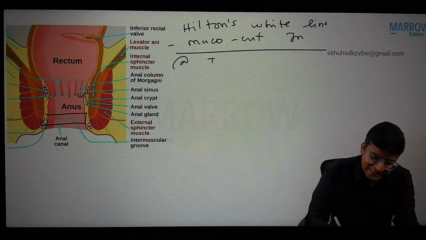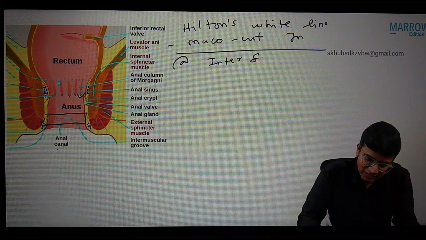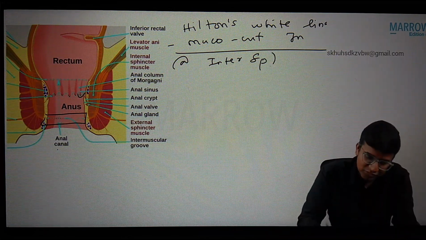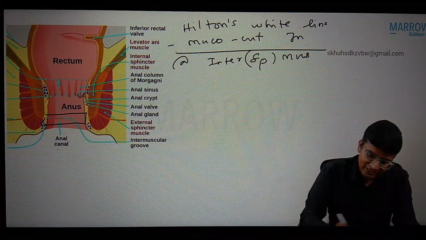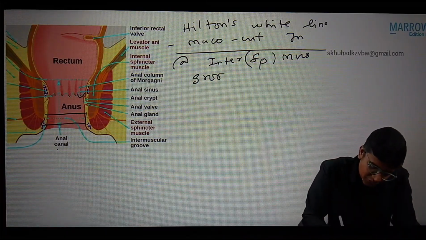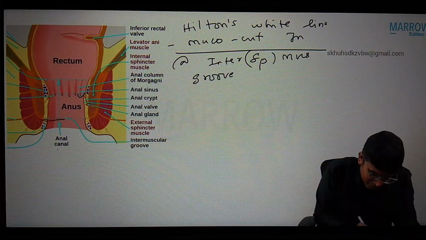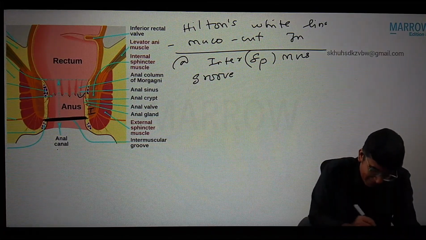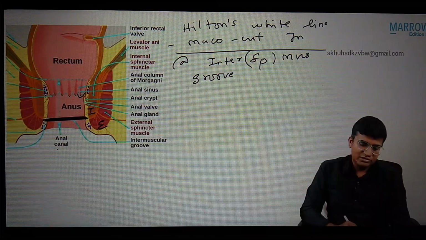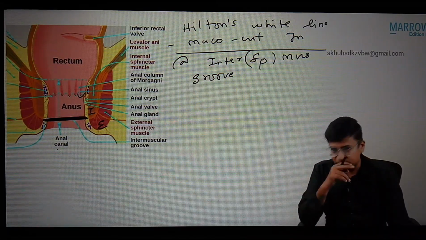It is present at the intersphincteric groove or intermuscular groove, between the internal sphincter and the external sphincter. This is the internal sphincter and this is the external sphincter, so that is why it is called the intersphincteric groove.